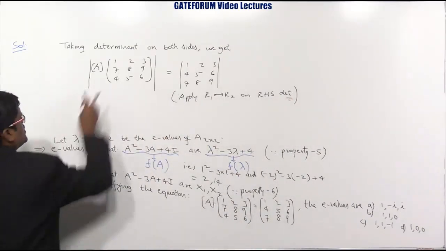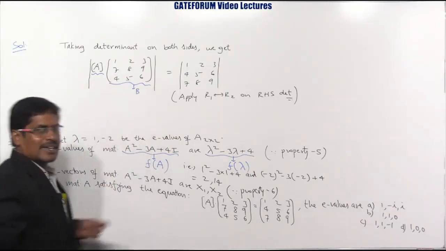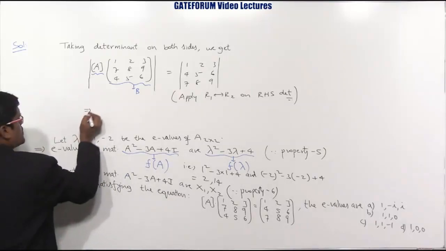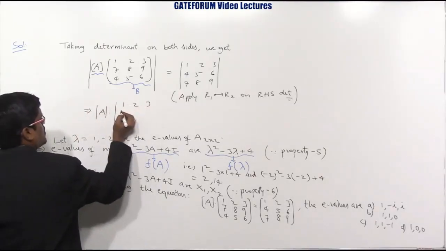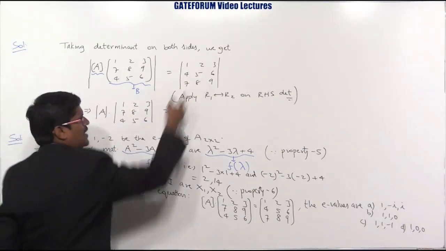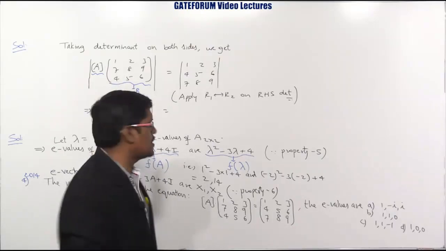Now the left side looks like the determinant of a product of two matrices. Say this is B. Det AB is det A into det B. So that means det A into the determinant 1, 2, 3, 7, 8, 9, 4, 5, 6. On the right side, if you interchange two rows, the determinant is affected by sign only.